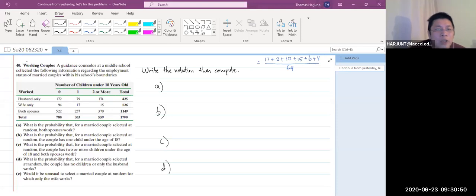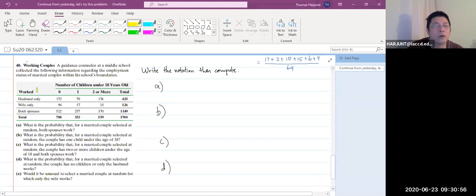Part A, what is the probability that for a married couple selected at random, so this is the frequency distribution of married couples with children. They list who works and how many children they have.